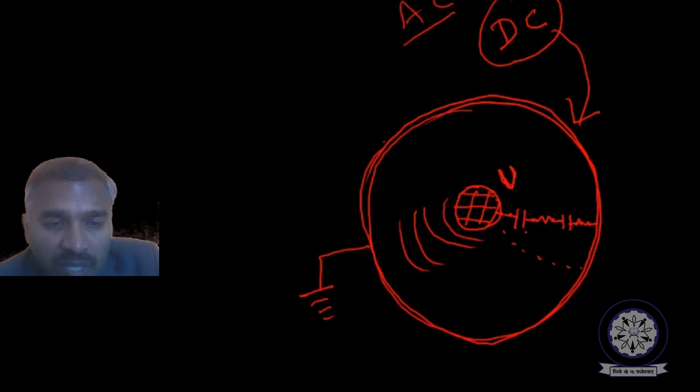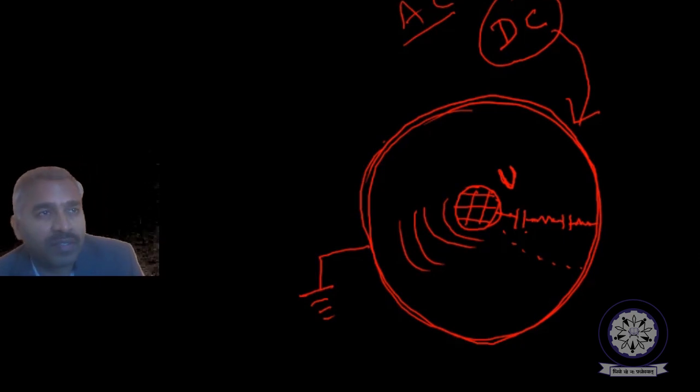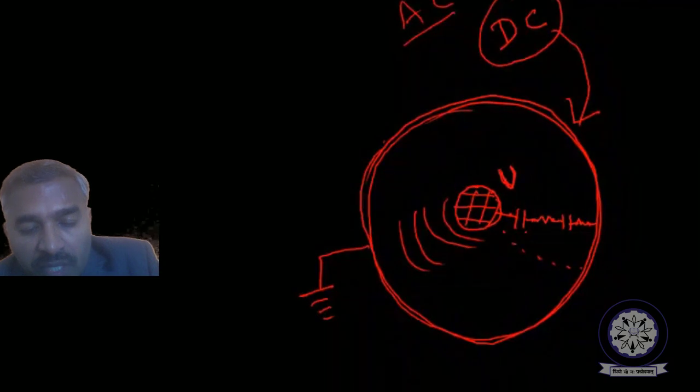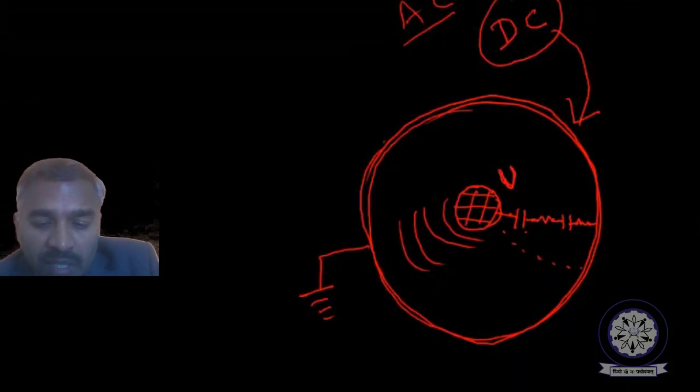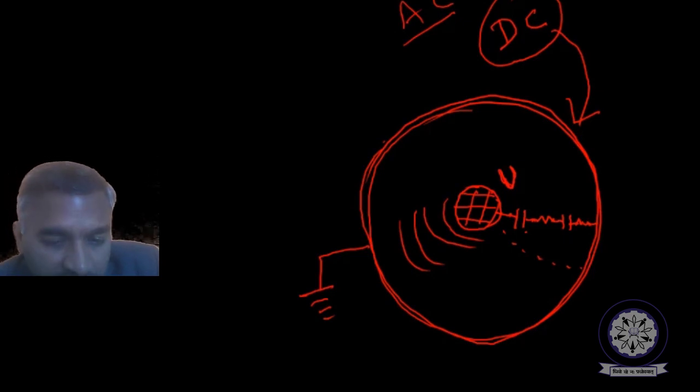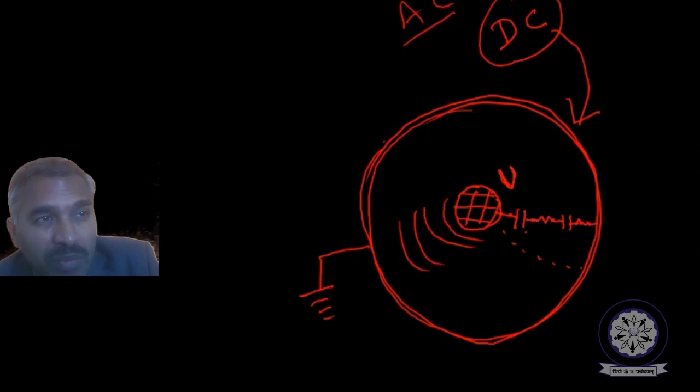So if I say that I am representing a lossy capacitor with an equivalent circuit, that equivalent circuit should be perfect enough to represent all the phenomena, right? In case of DC, whatever losses are occurring in the cable, I am unable to represent using series capacitance and series resistance type of equivalent circuit. So ultimately, I have to use a parallel resistor in order to represent the DC losses. DC also losses will be there.